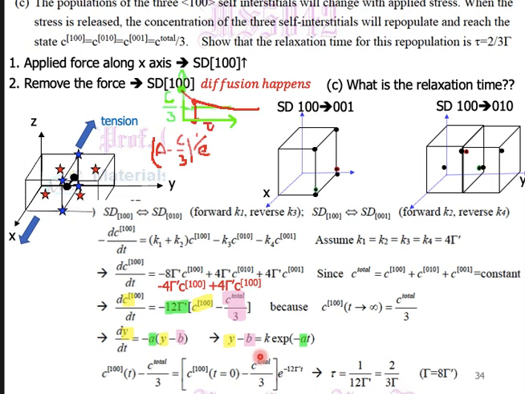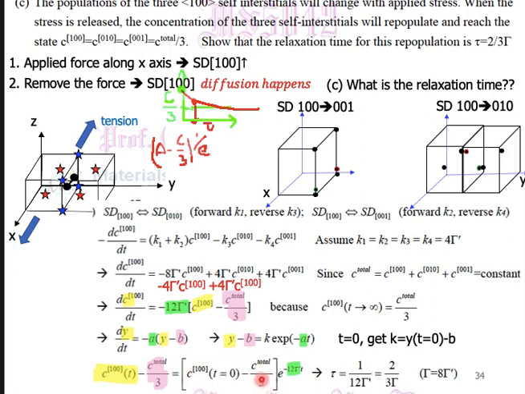So how to get the K? When T equals 0, you can get the K equals the concentration of this SD defect along 100 minus the B, which is actually this constant, C total divided by 3. So we rewrote the results here, and this is the K, right?